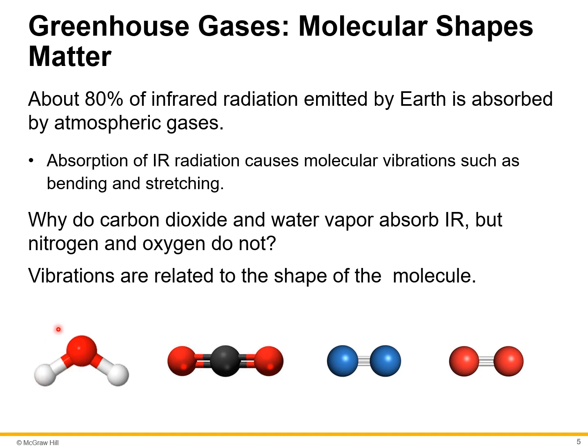So carbon dioxide, CO2, here, and water on the left, absorb IR, but N2 and O2 do not. It's a little bit beyond this course, but it's because there's no change in dipole moment for N2 and O2.